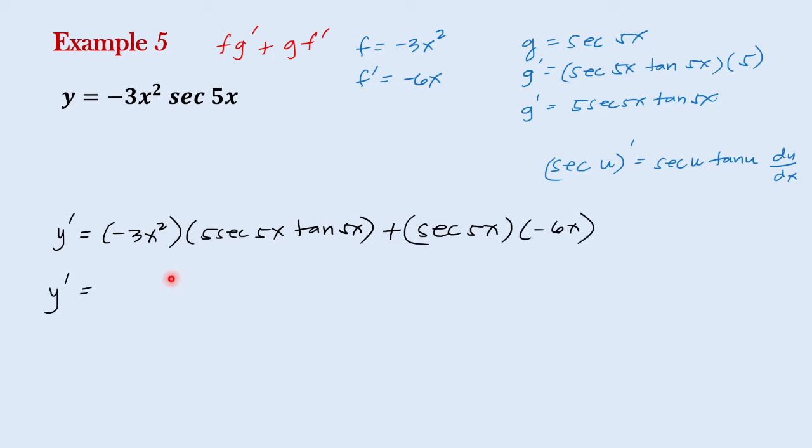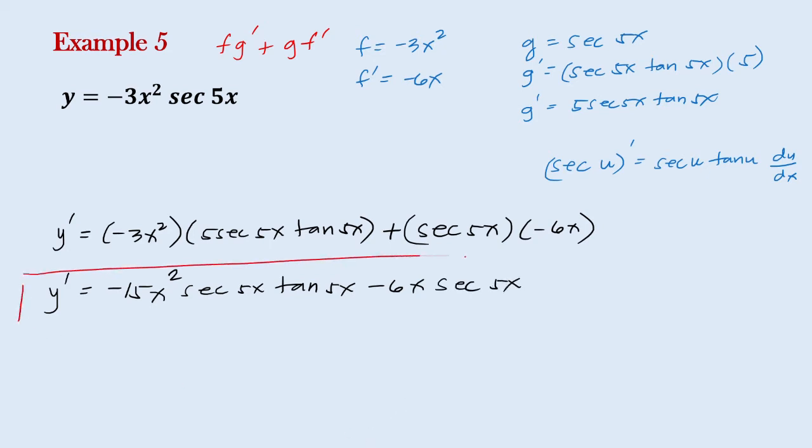And to simplify, negative 3x squared times 5 would be negative 15x squared, then secant 5x, tangent 5x, and then we have negative 6x secant of 5x. So this is now the derivative of negative 3x squared times secant of 5x.